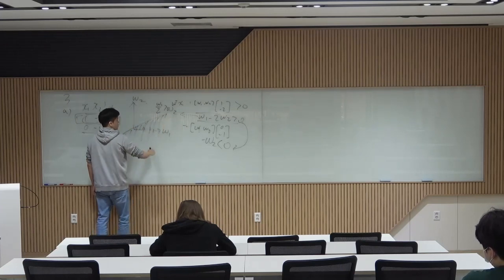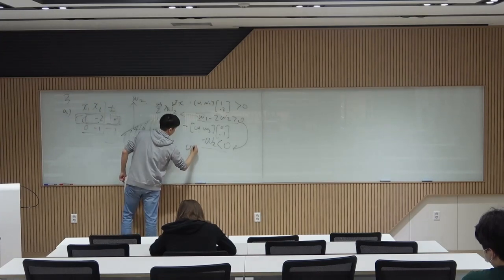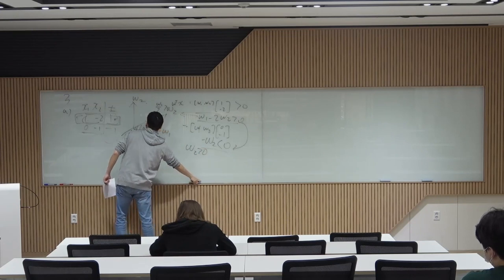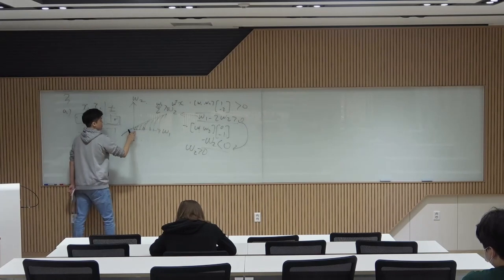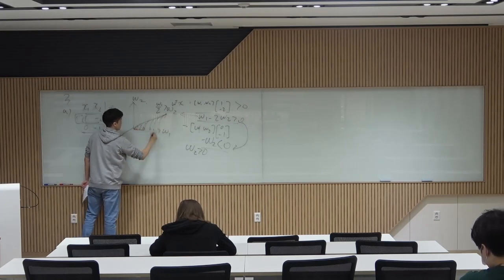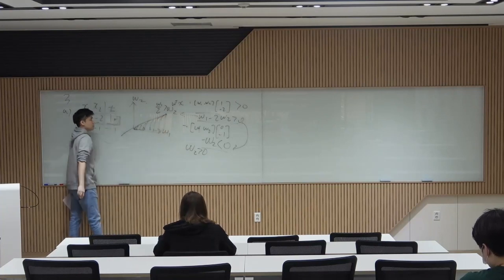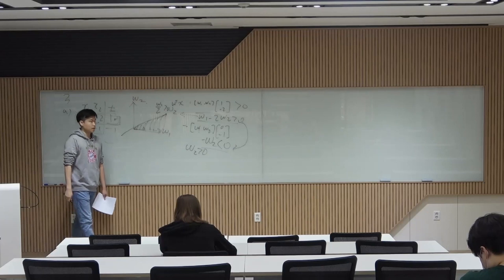And the second one makes us have W2 bigger than 0. So W2 should be bigger than 0. So we can just erase all this space, and we get this portion as our weight space, okay? Any questions? No? Okay.